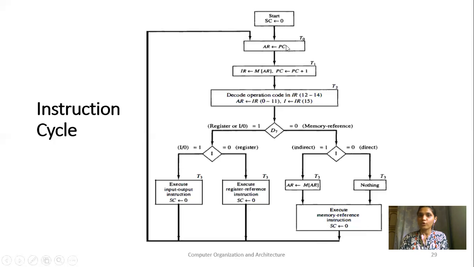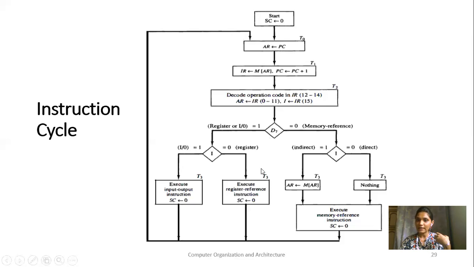Okay, so at the first timing signal, you are transferring the program counter to the address register. At the second timing signal, T1, you are storing the content of that location to the instruction register and incrementing the program counter by 1. In the next timing signal, you are decoding the instruction, storing the address and storing the ith bit. And next you are taking the decision whether it is a register reference, IO reference or memory reference instruction.